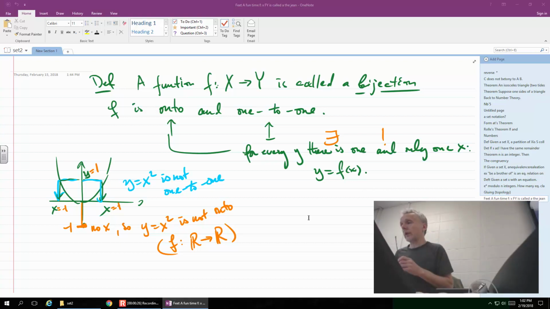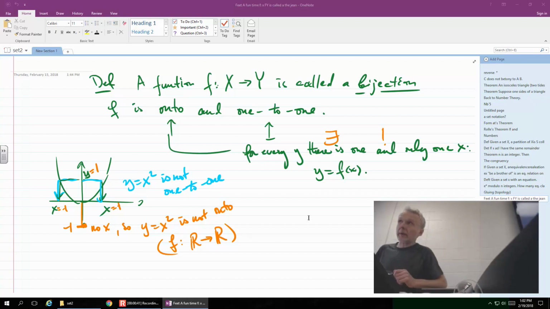We will take it to the next level in the abstract setting of sets. But for the time being, we'll just set it aside. I might assign a little bit in the next homework to refresh your memory about this. So you have seen one-to-one functions in the past at some point, right?